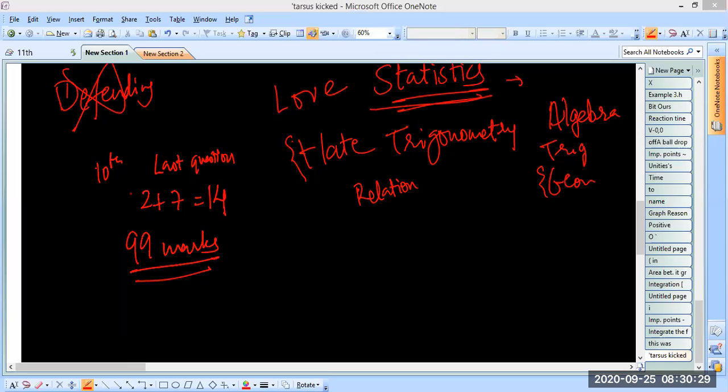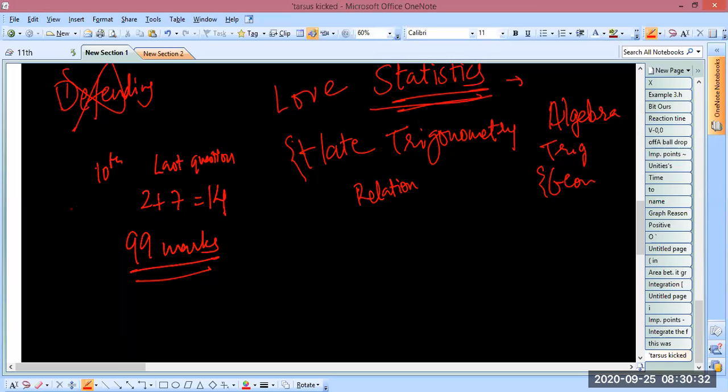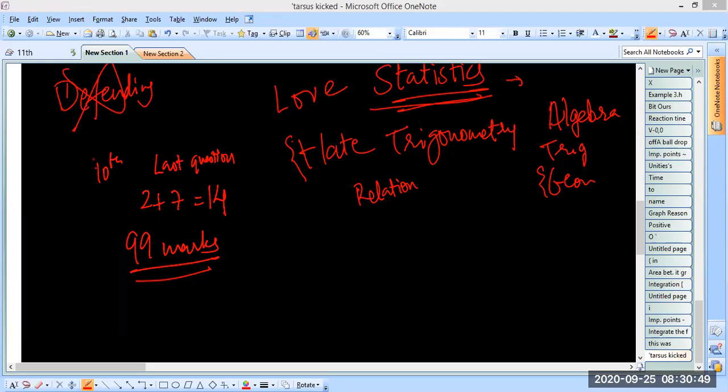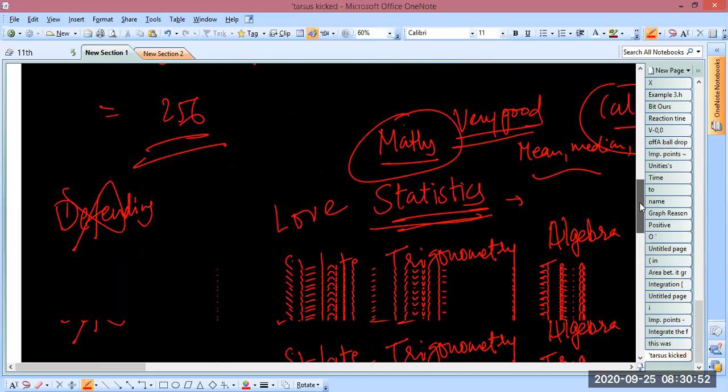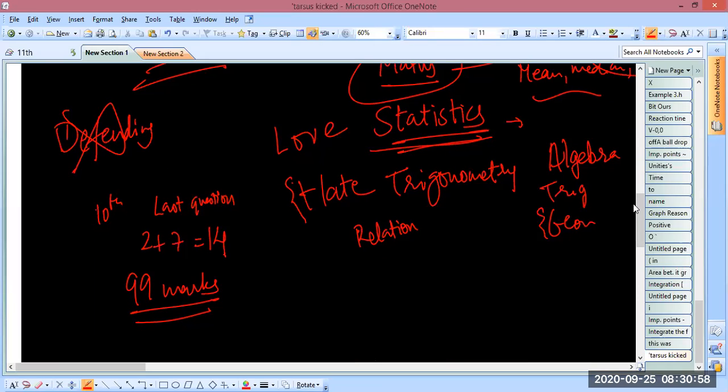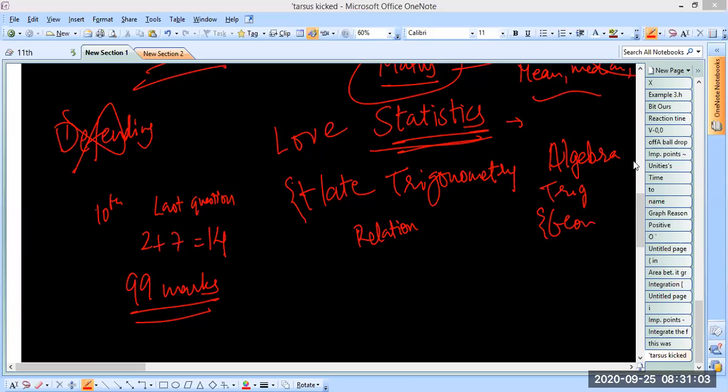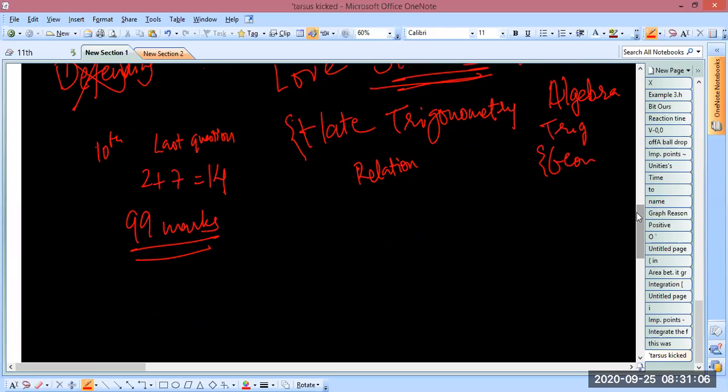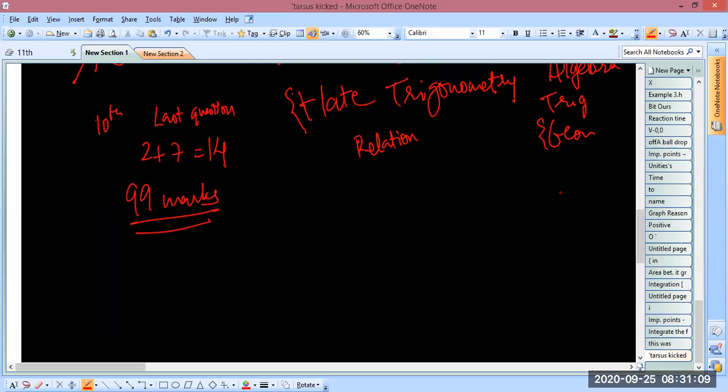I just realized it the moment I submitted the paper to the supervisor. I stood up from my place thinking that it's going to be 100. Just seconds later, I realized, oh no, I made this horrible mistake. Anyways, coming back to physics now. In fact, I was very unhappy that I got 99. So those who are asking, are you that good in maths? You got 99. I'm going to say I was very unhappy that I got 99.